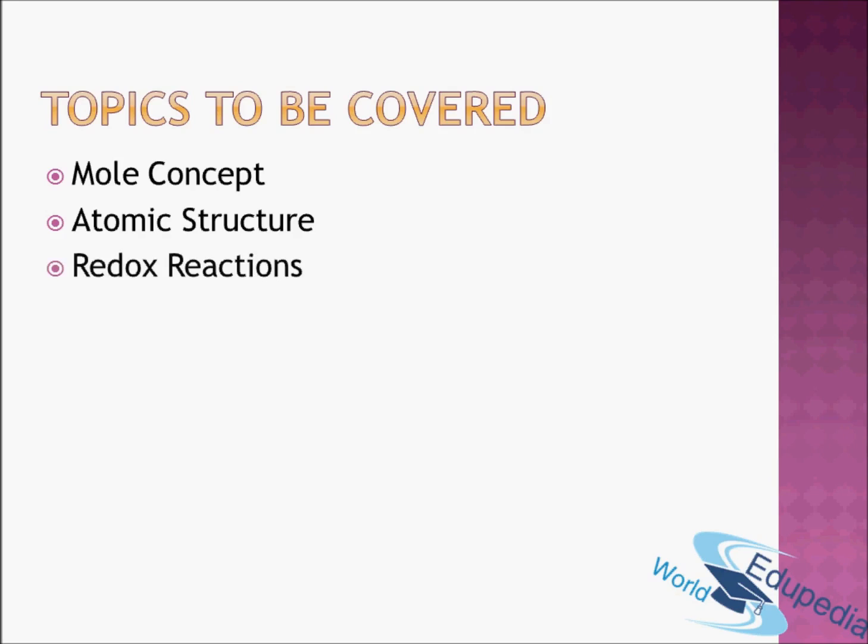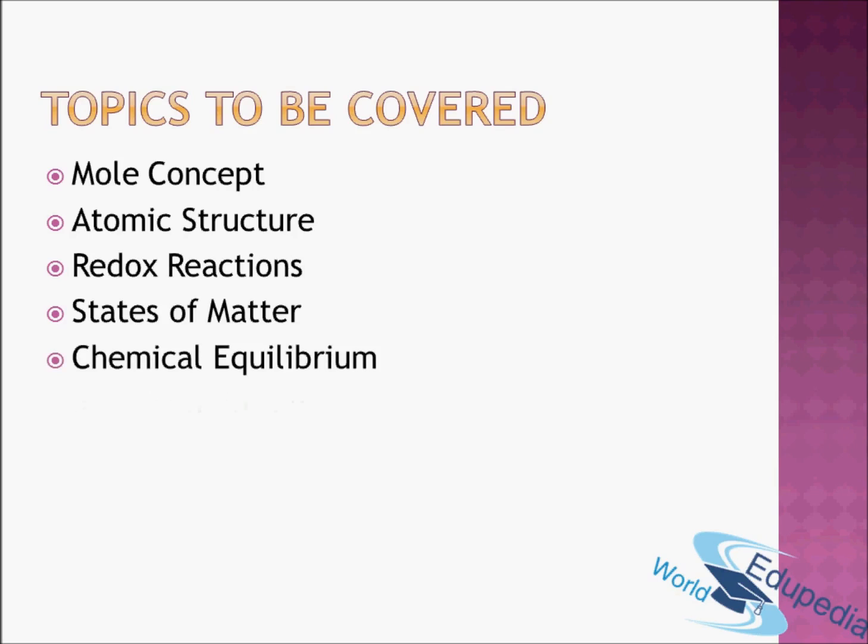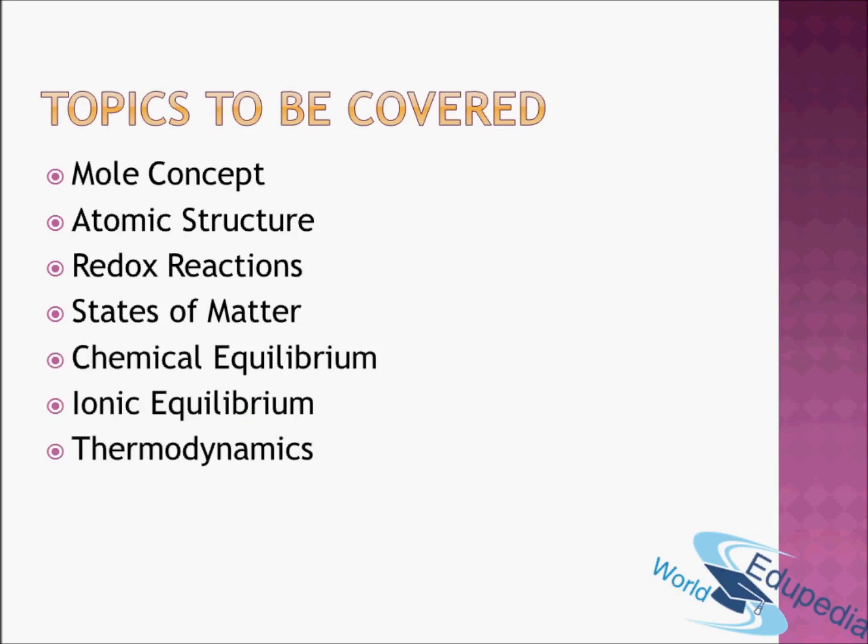Apart from that, we'll study redox reactions followed by states of matter, then chemical and ionic equilibrium, and lastly, but a very important topic, thermodynamics. So we'll also study them in this particular order itself, and this will pretty much cover everything of your physical chemistry of class 11.